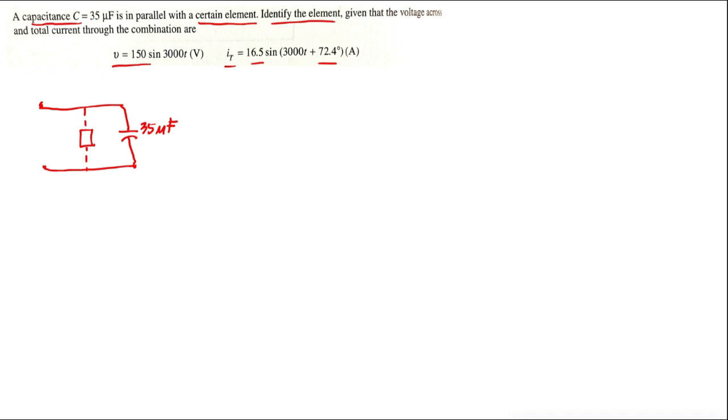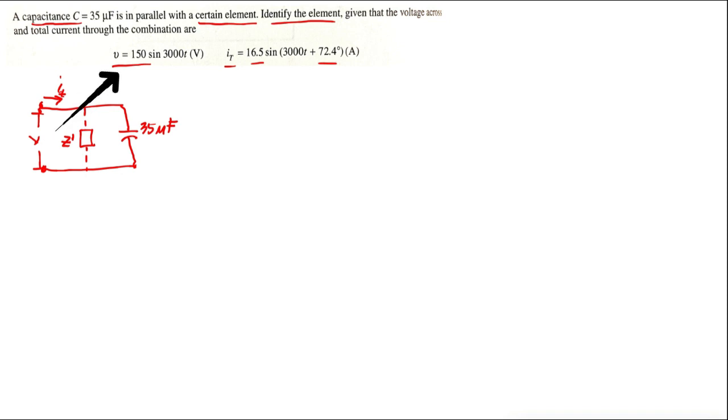We don't know the type of element this is, and we don't know also the value of this element, so we just put here Z prime. There is a current that flows, which is I sub t, the total current, and also a voltage at this point, which is V. You have here a value which is 150.